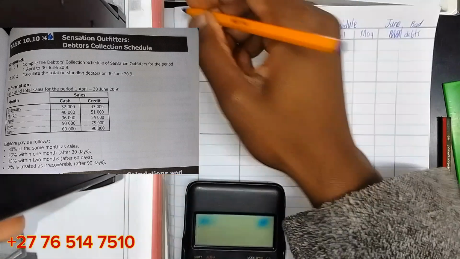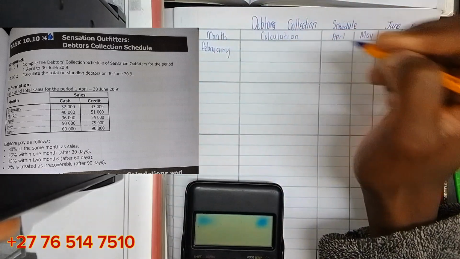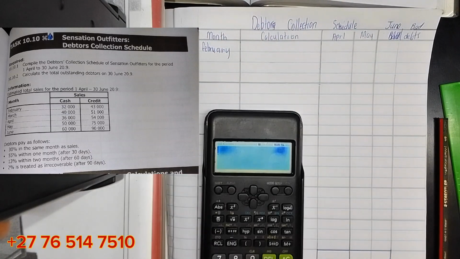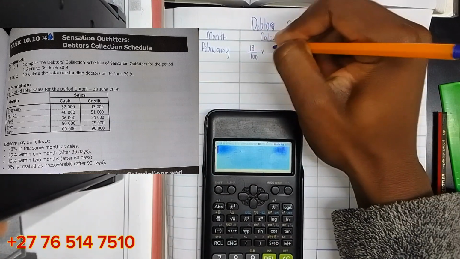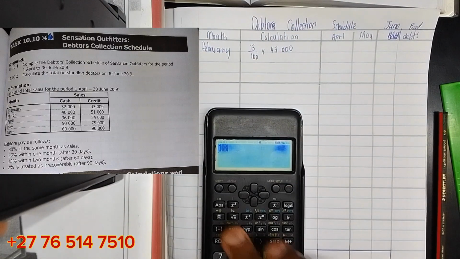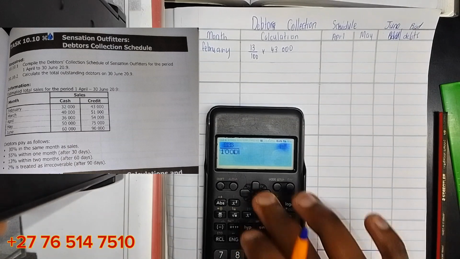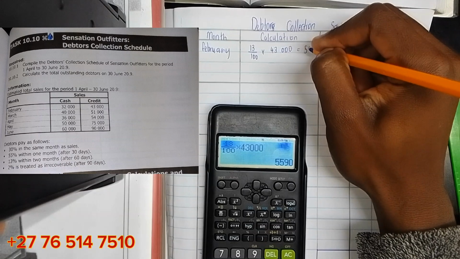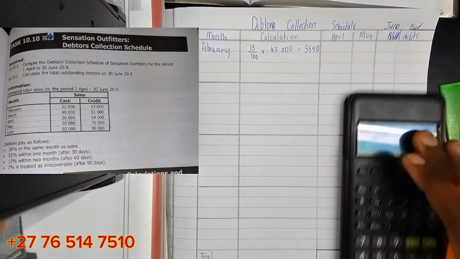So let's come here, February. I'm going to write February here, and then calculations. The credit sales for February were 43,000, so we want 13 over 100 times 43,000, which is 5,590.